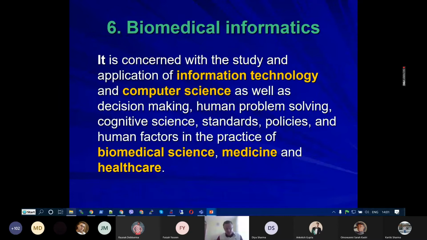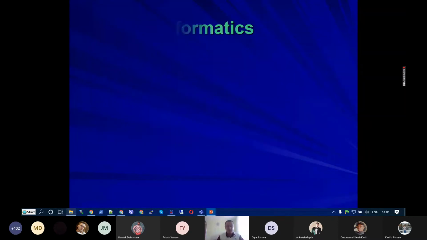Biomedical informatics and bioinformatics. I have already introduced it and shown in a Venn diagram how it could look like, but again, just to repeat. Biomedical informatics is concerned with the study and application of information technology and computer science, as well as decision-making, human problem solving, cognitive science, standards, policies, and human factor perspectives of biomedical science, medicine, and healthcare. So we take patients into account there. We process patient biomedical data, especially genomic data.